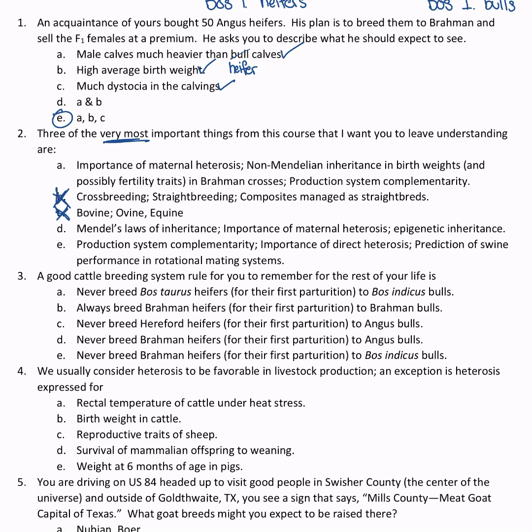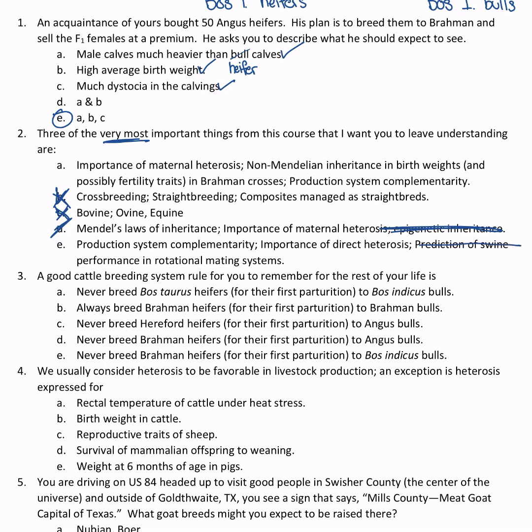Mendel's laws of inheritance, importance of maternal heterosis and epigenetic inheritance. While epigenetic inheritance can be important, it's not one of the things that we cover super heavily in this class. Then production system complementarity, importance of direct heterosis, and prediction of swine performance in rotational systems.